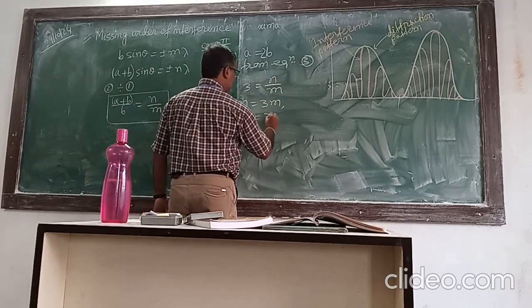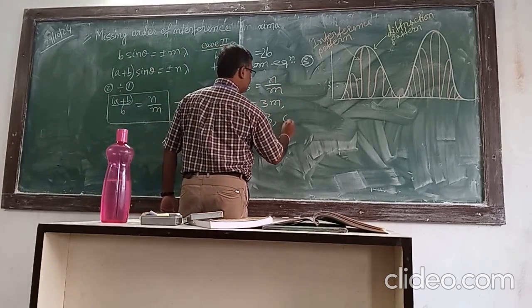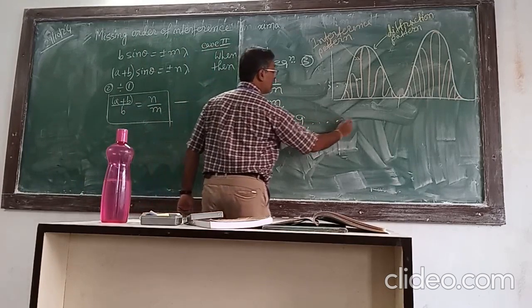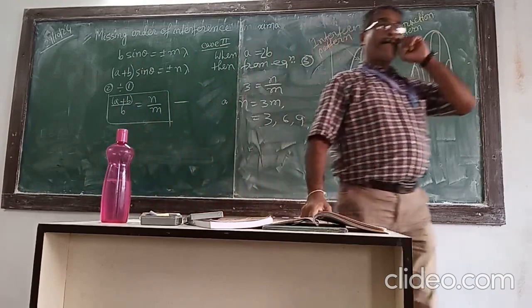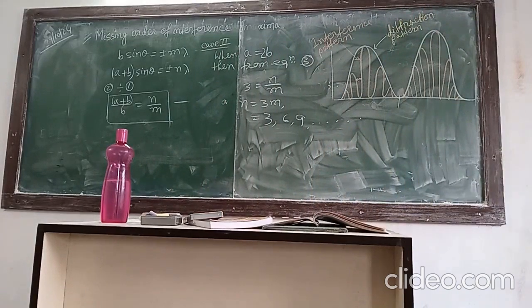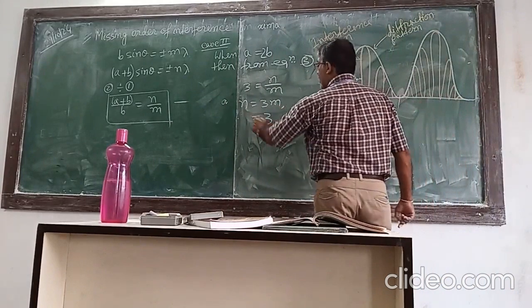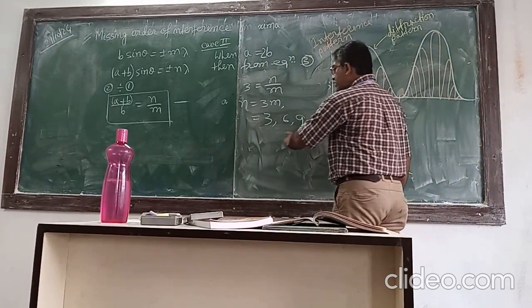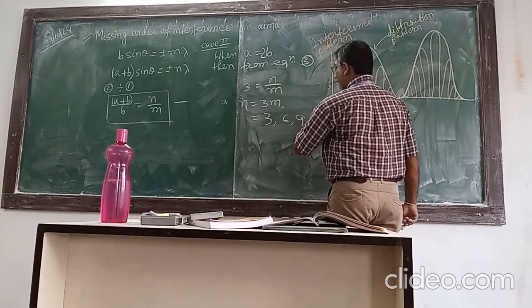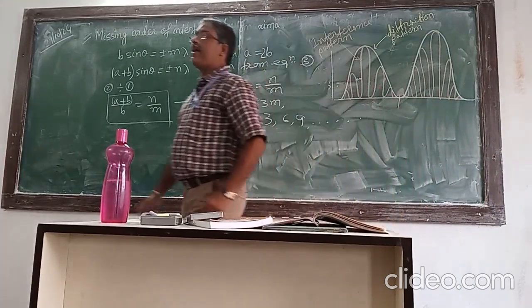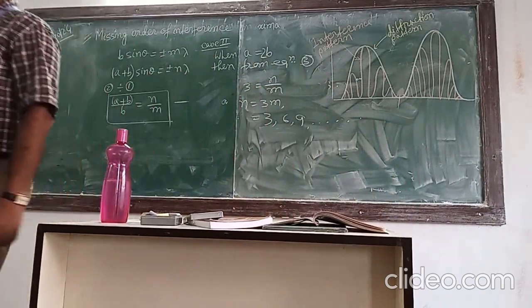So that is 3, 6, 9, and so on. When M equals 1, 2, 3, then N equals 3, 6, 9. That means the third, sixth, ninth order interference maxima will be missing.